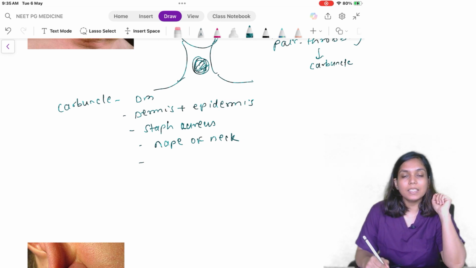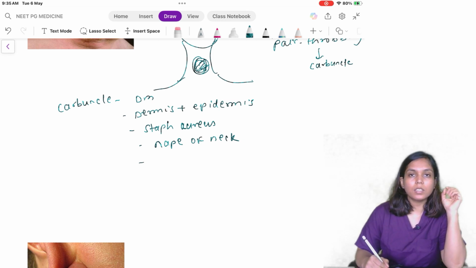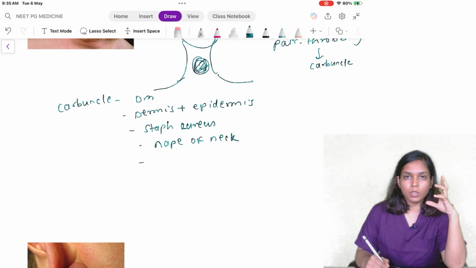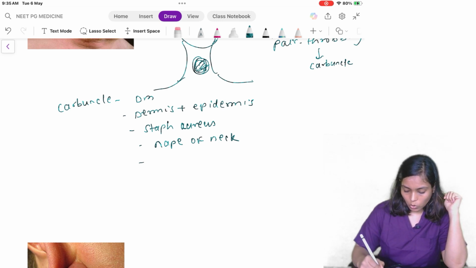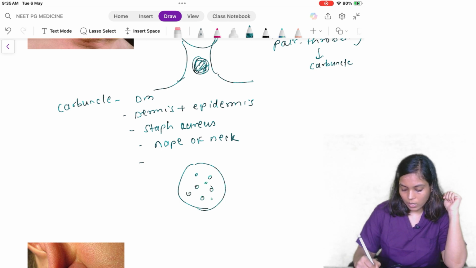So as it is an infection, it presents with severe pain, okay, with discharging sinuses. If this is a carbuncle, this is a red hot area and there are multiple discharging sinuses, so the patient will have throbbing type of pain.